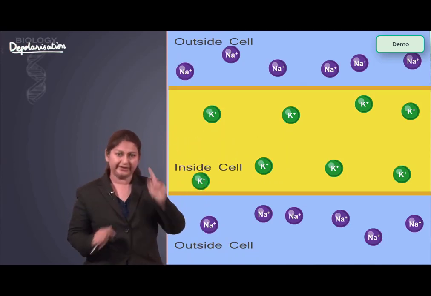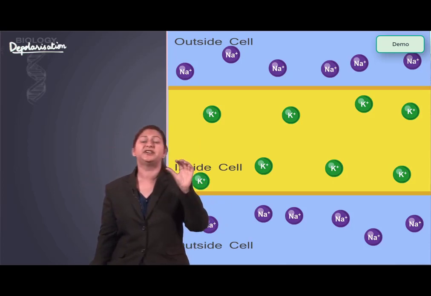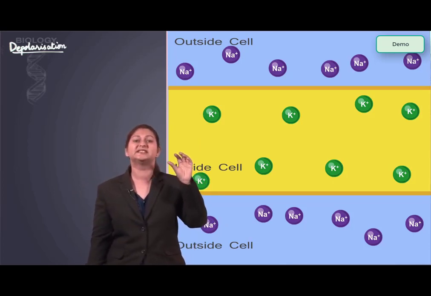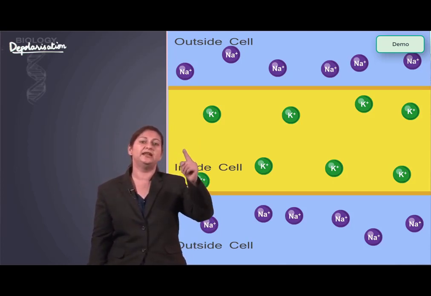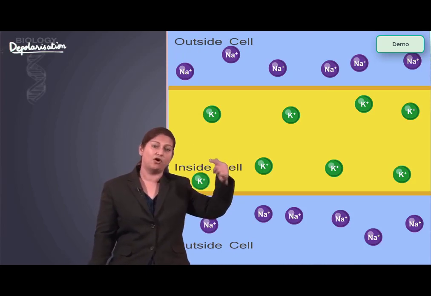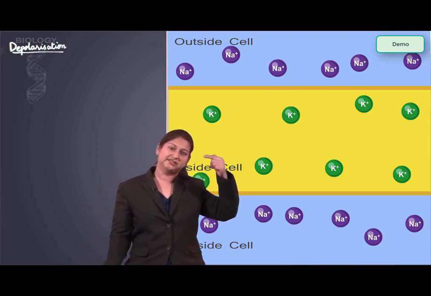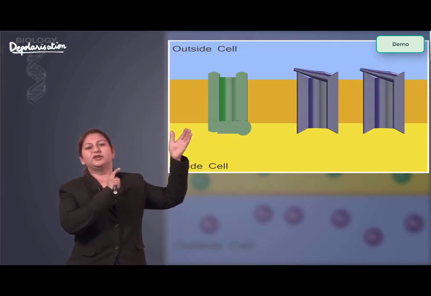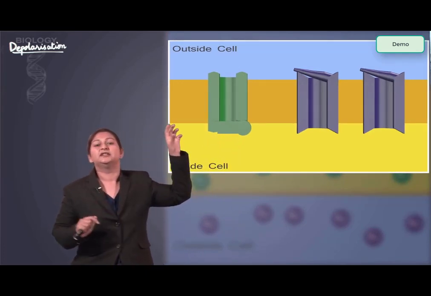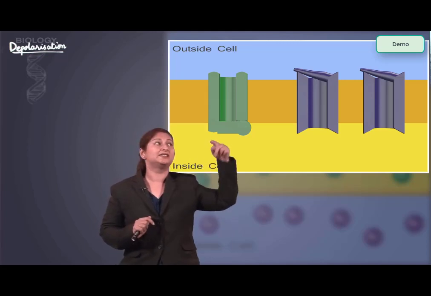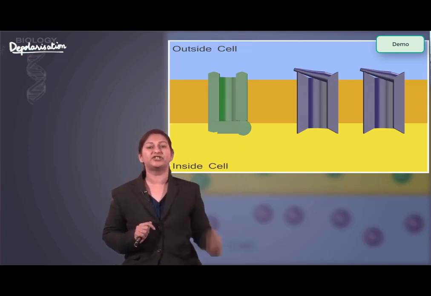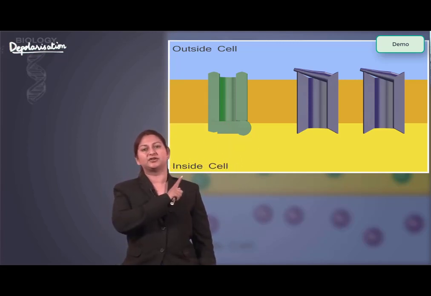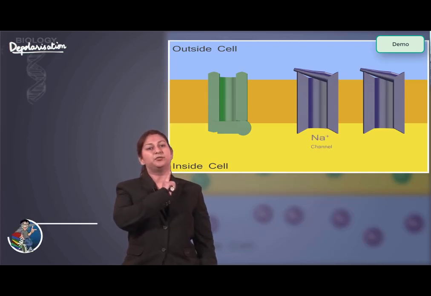Now, whenever a threshold stimulus is applied, what will happen? The beginning of the nerve impulse will take place. Because of the excitation, the voltage gated channels are opening. You can see there are two channels over here: one is a sodium channel and one is a potassium channel.